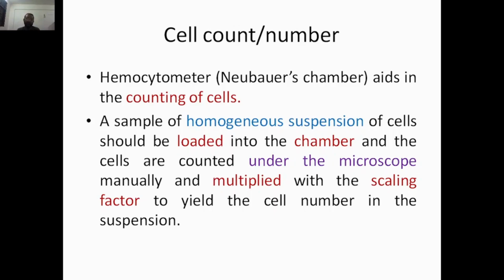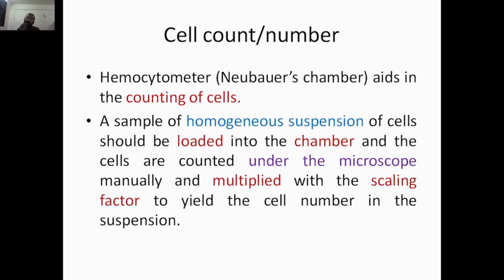So that's what is explained here. A sample of homogeneous suspension of cells should be loaded into the chamber, and then the cells are counted under the microscope manually and multiplied with a scaling factor. So if there are 25 squares, imagine cells are there in around 75%. If I have around 100 squares, I will take about 75 squares only, wherever the cells are there.